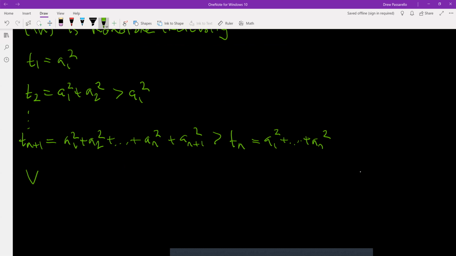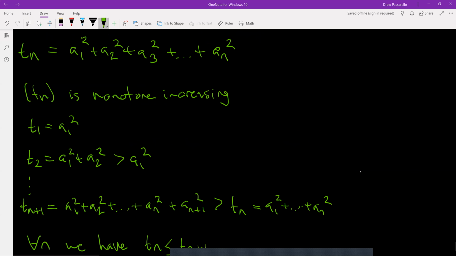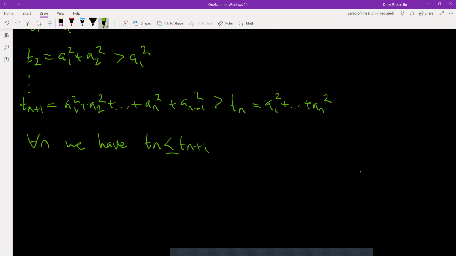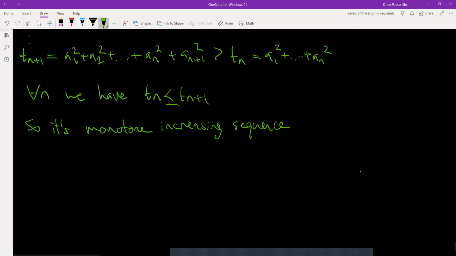So for all n, we have that Tn, the nth term, is less than or equal to the n plus 1 term, or really less than. So it's monotone increasing. It's a monotone increasing sequence.